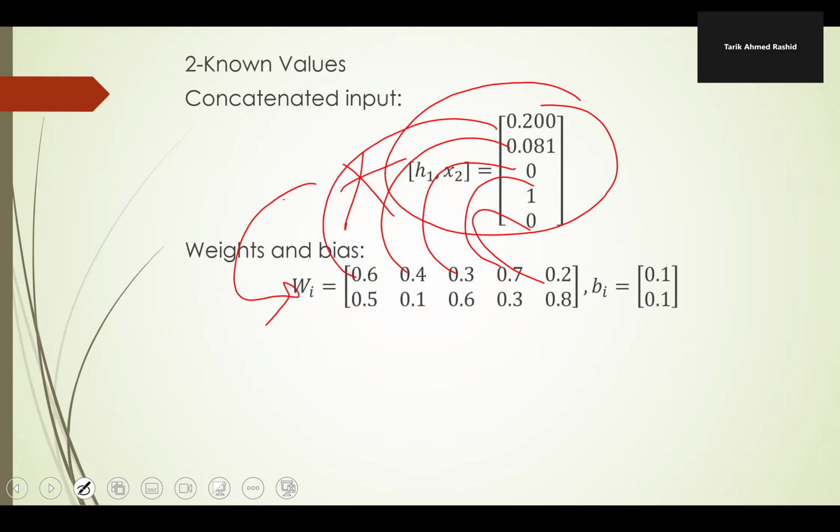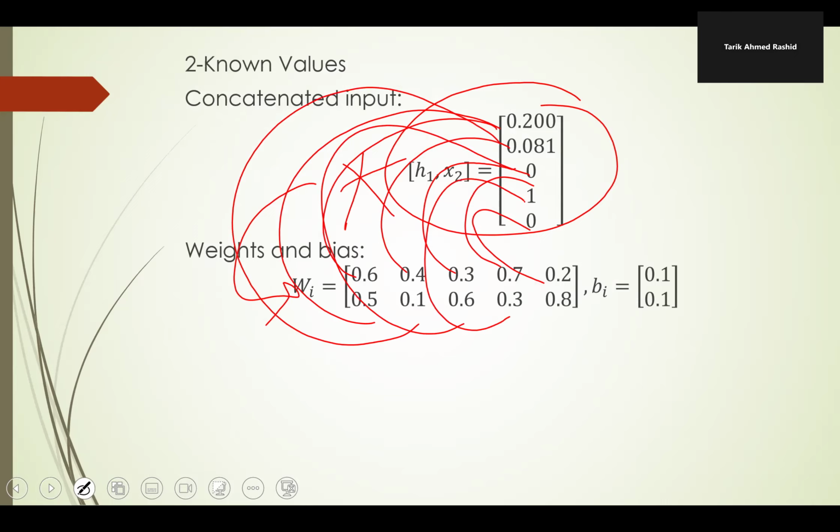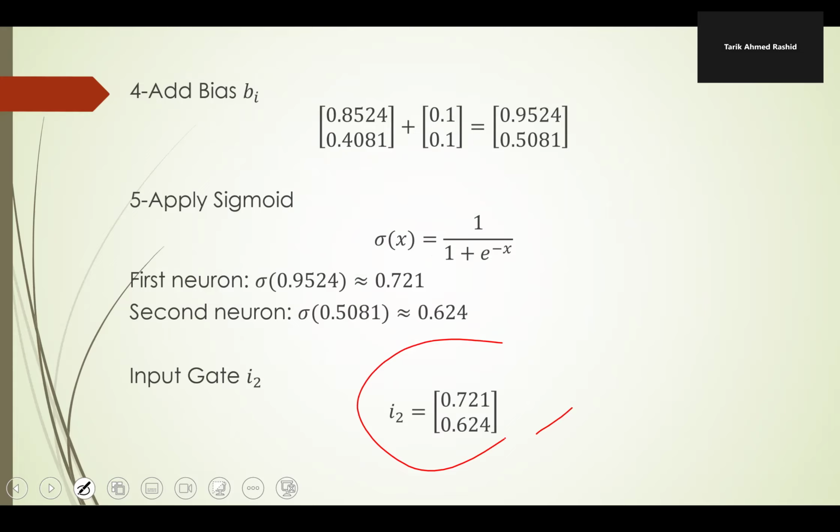Likewise for the second row: 0.5 multiplied by 0.2, 0.1 multiplied by 0.08, 0.6 multiplied by 0, 0.3 multiplied by 1, 0.8 multiplied by 0. Once you've done this, add the bias. That's the dot product for each element, and for the second row. Put them under the sigmoid function, and now we found it. These are the results of I2.